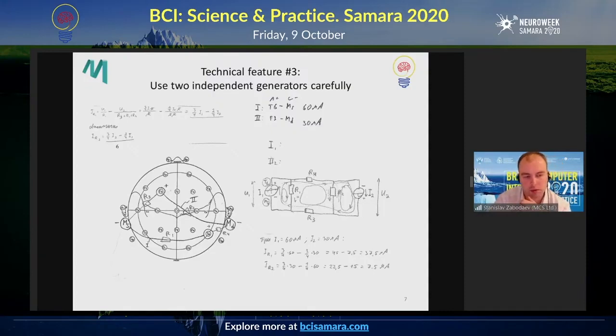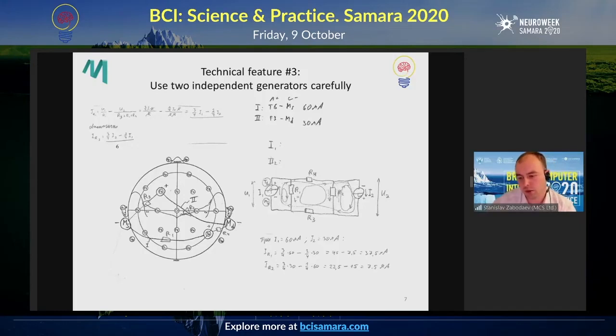The researchers wanted to stimulate an area of the brain located under the F3 electrode using the 10-20 system with a contralateral localization of the cathode. The second generator was to be placed under the T6 electrode before the memory process on the contralateral side.